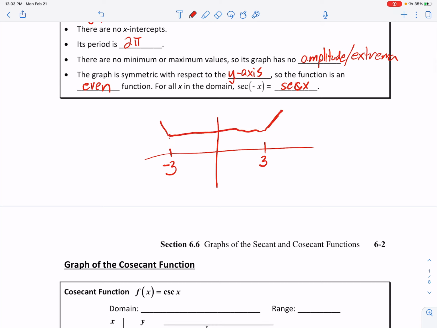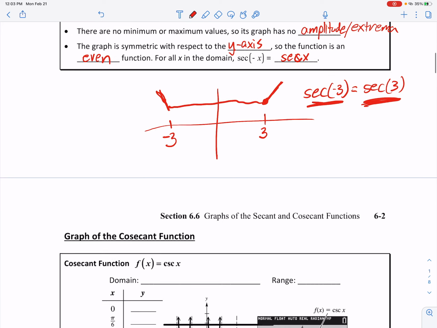So the value of secant of -3 is the same thing as secant of 3. If it's symmetric across the y-axis, it's a mirror, which means these things are going to be the exact same thing. That's what the symmetry of the y-axis means.